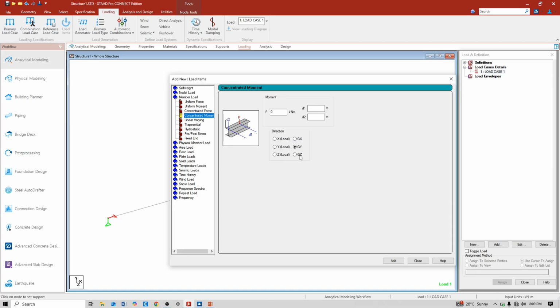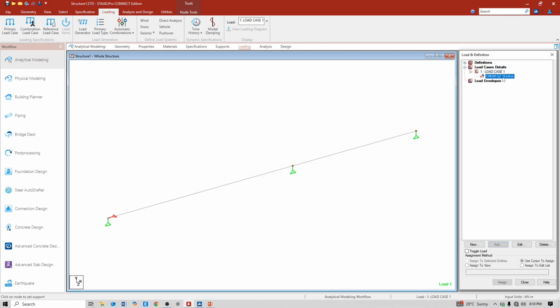So that's why I consider GZ here. In StaadPro, anti-clockwise means positive. So positive 16 kilonewton meter. So it is applied correctly. Click on that, click use cursor to assign.